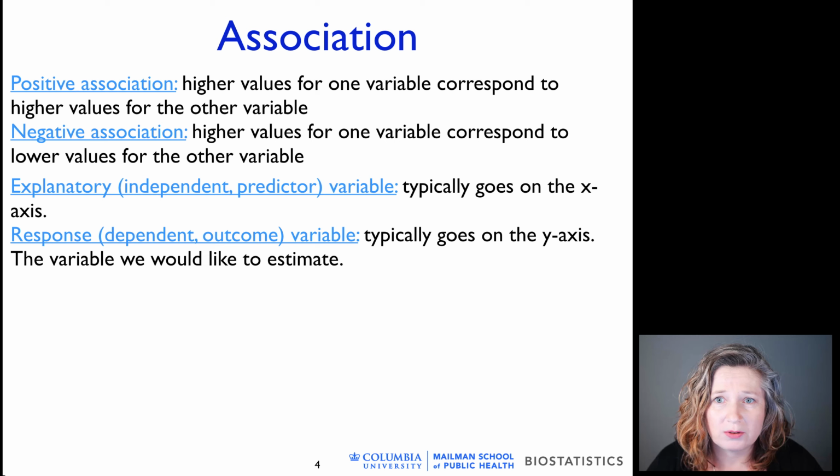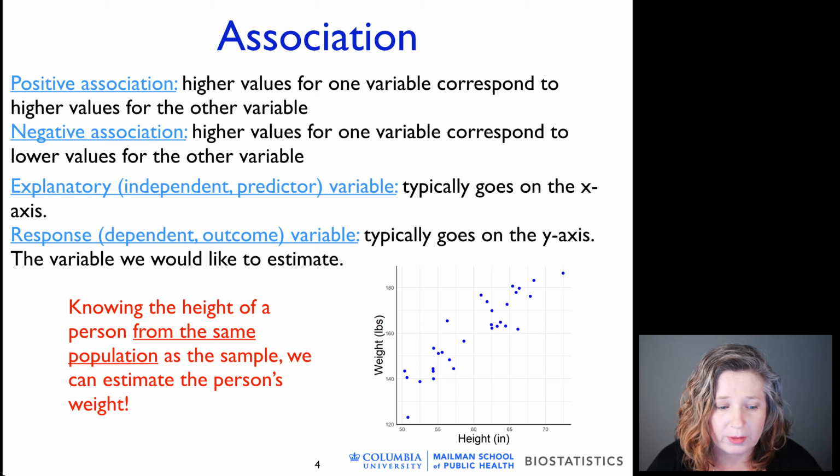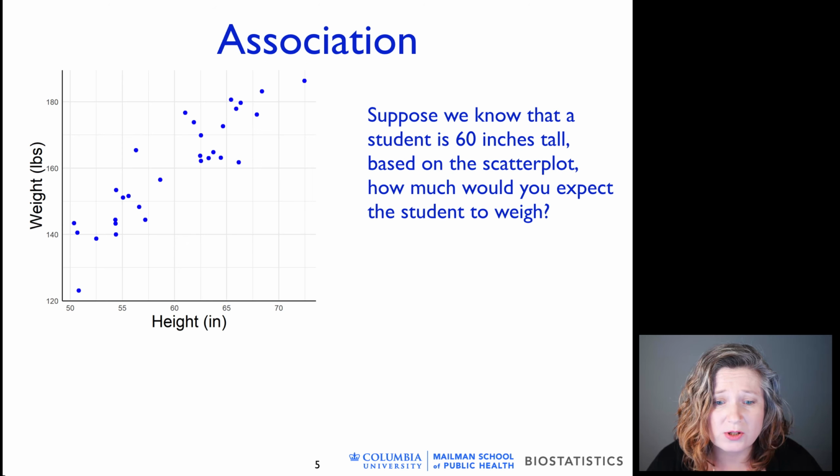Those are the variables we would like to estimate. So in this graph, height is the predictor variable and weight is the outcome variable. Knowing the height of a person from the same population, we can then estimate the person's weight. Using associations, we can estimate one variable using the other variable.